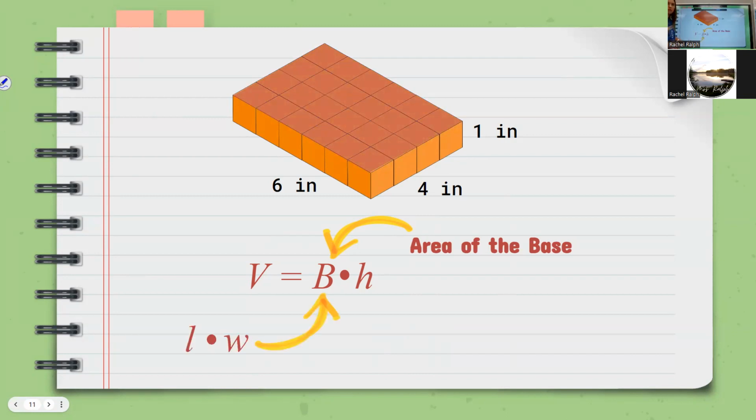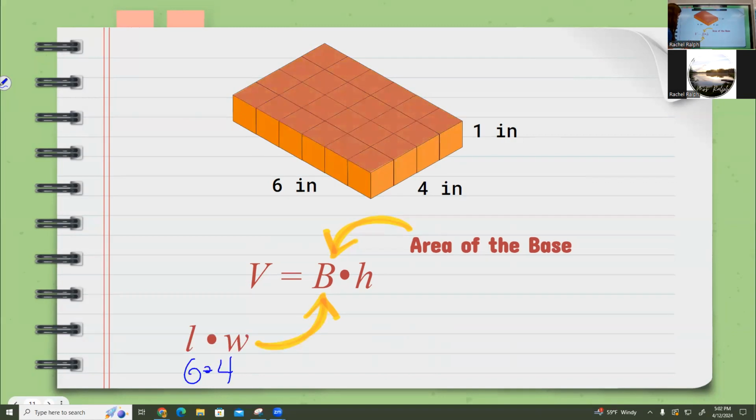Length times width. So we can take our length, 6 times 4, is 24. That is the area of our base.